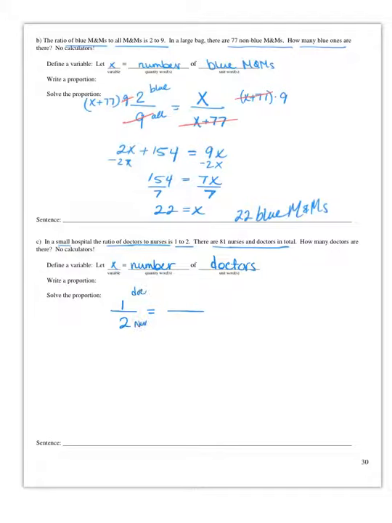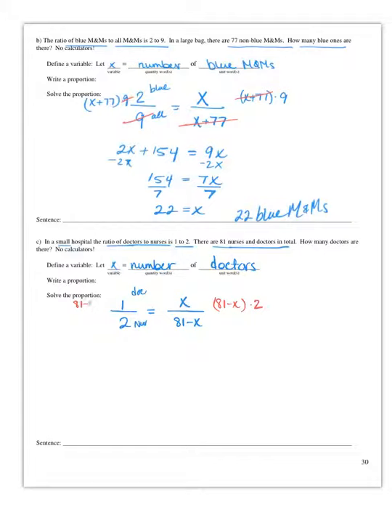So x, our variable, talks about the number of doctors, goes in the numerator. Now we need an expression for the number of nurses. 81 in total, and x are doctors, so the number of nurses is 81 minus x.